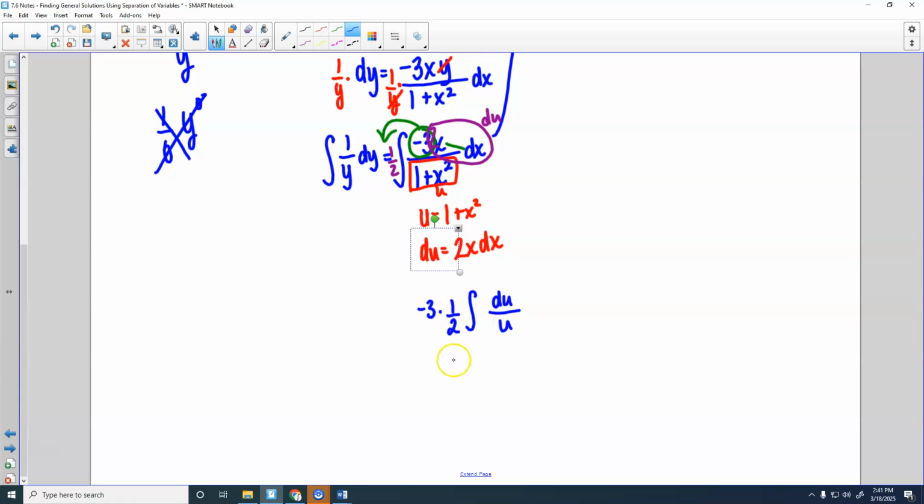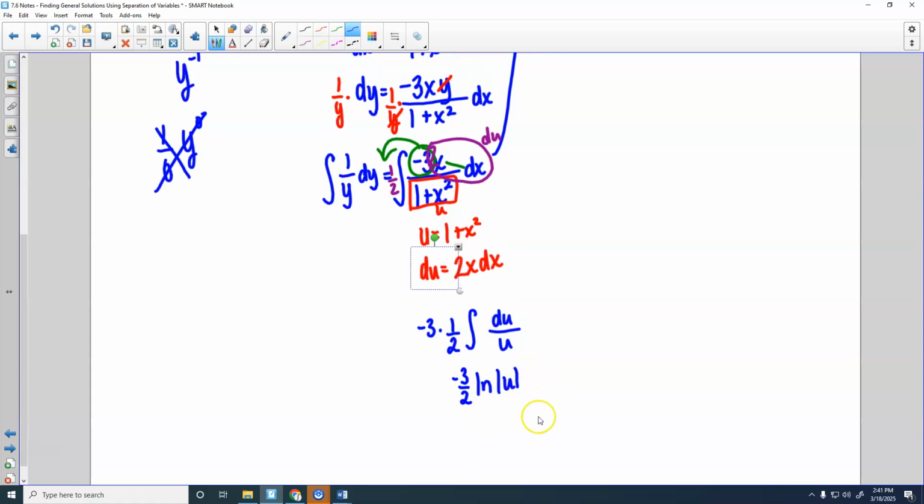So I've got negative 3/2 natural log absolute value of u. So I'm doing some side work right here. I'll give you a second before I scroll back up. All right, so I got negative 3/2 natural log of absolute value of u.